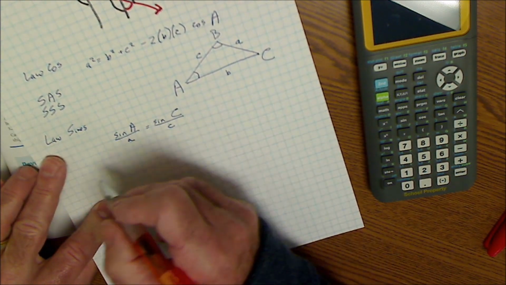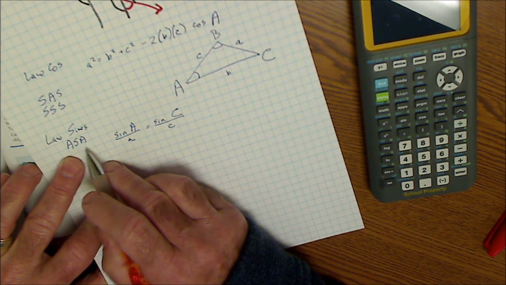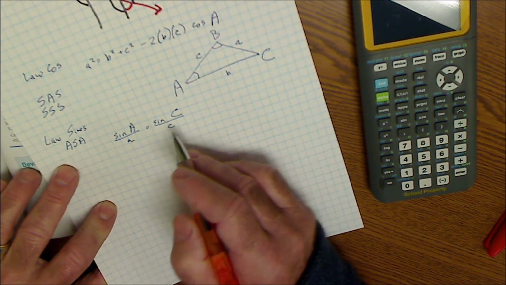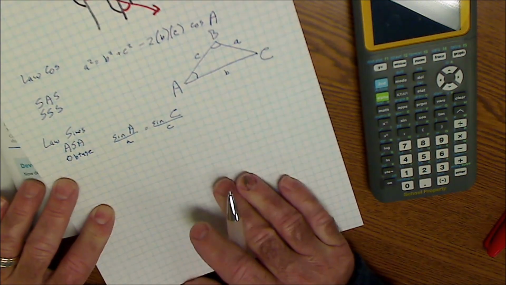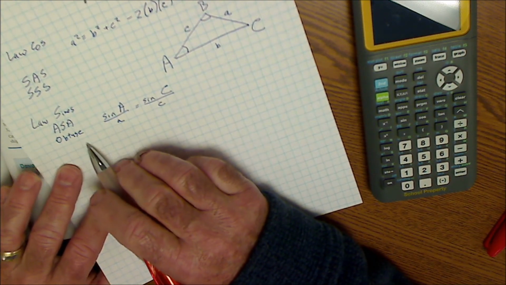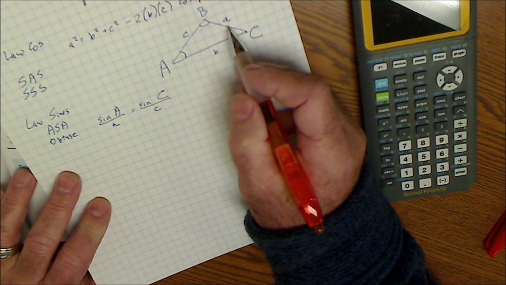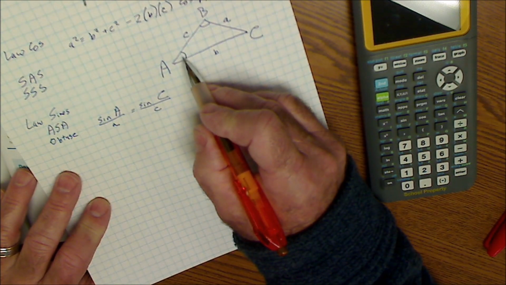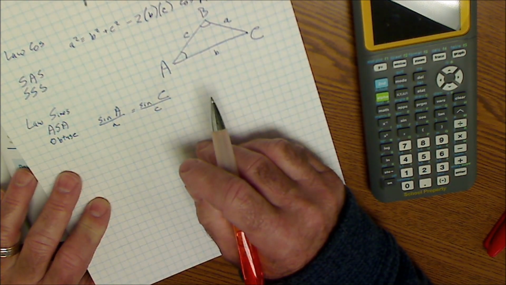So I could use the law of sines if I know all of the angles, and say angle, side, angle, if I'm using angles here and one side to find another side. Or if one of the angles I'm using is obtuse, it'll give me a definitive answer. Obtuse is greater than 90. A lot of times, even though it seems like I could set it up, if I'm using a side and an angle, it won't give me a definitive case. So in that case, I'd have to use the law of cosines.